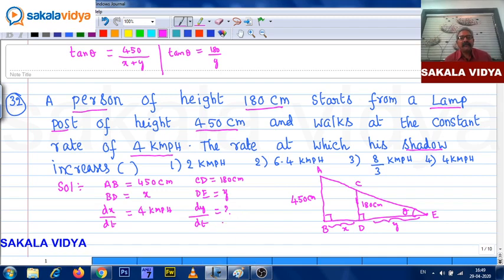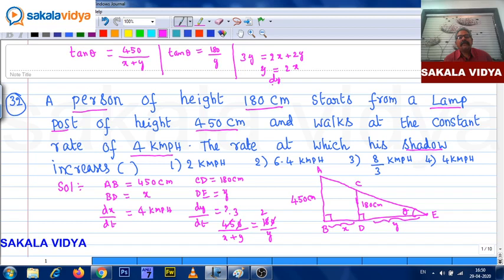That means actually 450 by x plus y equals to 180 by y. 0 0 gets cancelled. 9 2 ja, 9 3 ja. So now here we get a relation 3y equals to 2x plus 2y. Now 3y minus 2y is equal to y is equal to 2x.